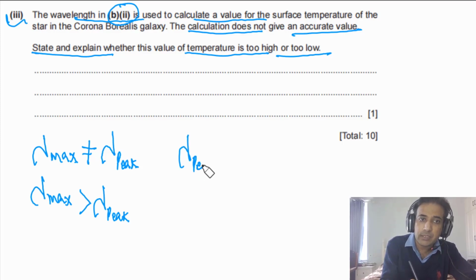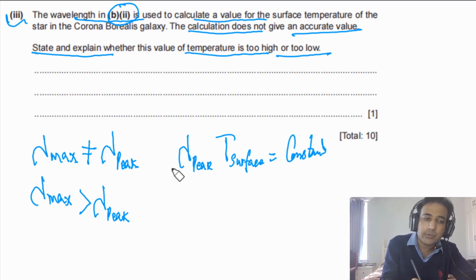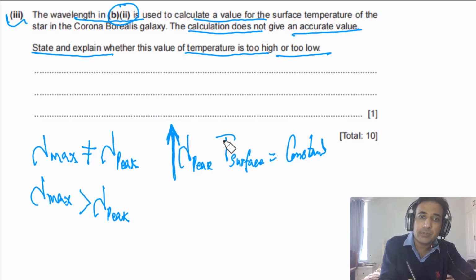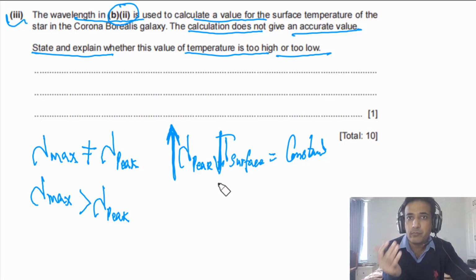So we can say lambda peak times surface temperature has to be equal to a constant. So if we assume lambda peak is equal to lambda max, for example, this value will be very high. We're using the maximum possible value of lambda. So it means the surface temperature of the star, based on this calculation, has to be very low.